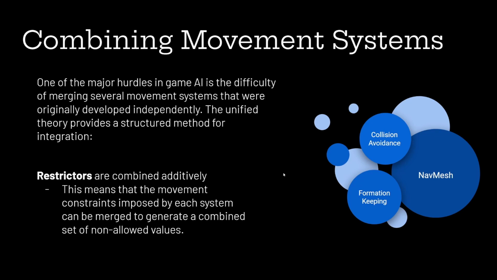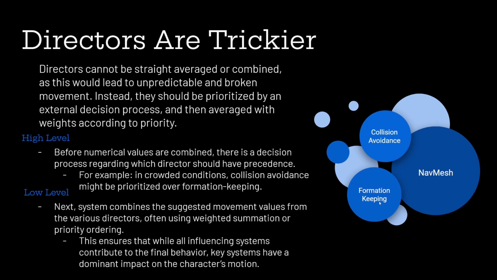So if you can't go here and this other thing says you can't go in this other place, then you can't go in both places. It's pretty simple, because it doesn't really matter how much you can't go to a place, because you just can't go to it. So those are just additively combined, and it creates a set of non-allowed values.